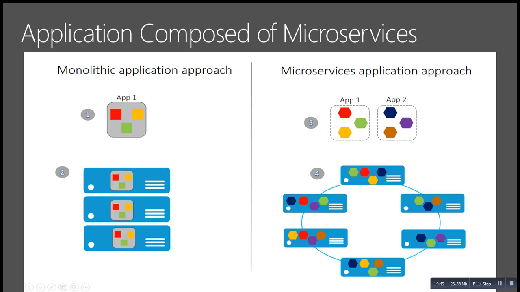These services will get replicated across the nodes based on their replication factor, and it will make sure that more than one instance is running across the cluster in different nodes. So that's another way of explaining the composition of microservices.